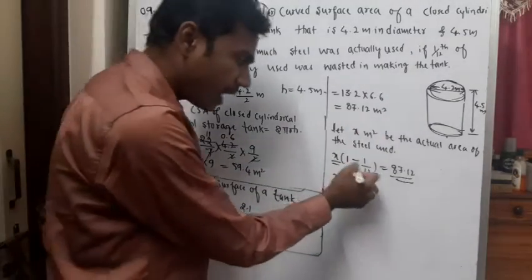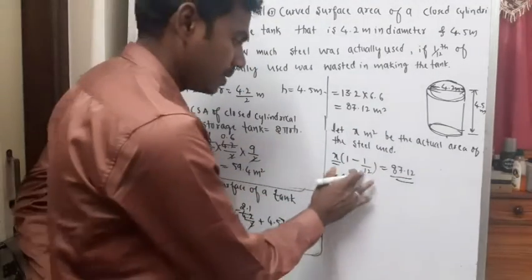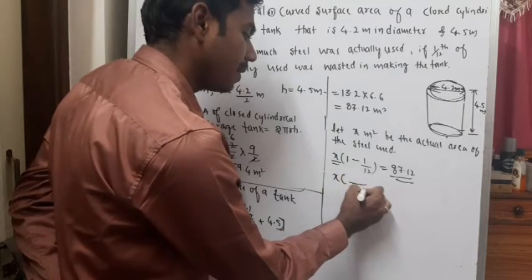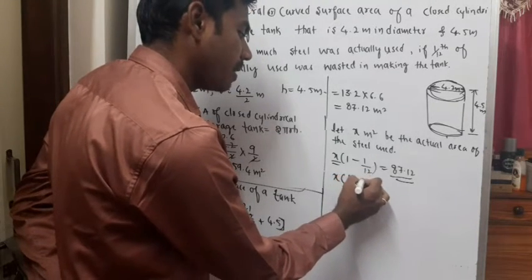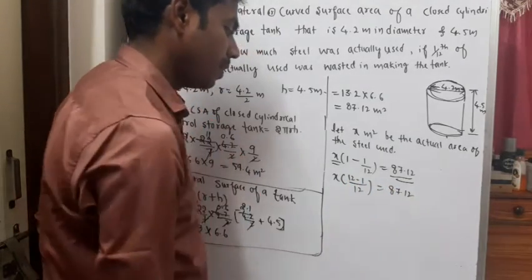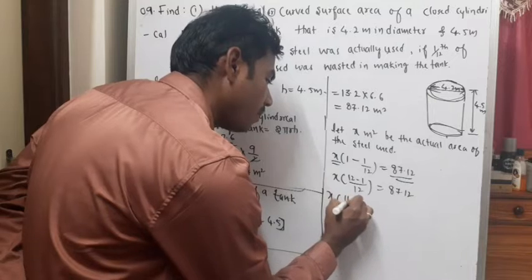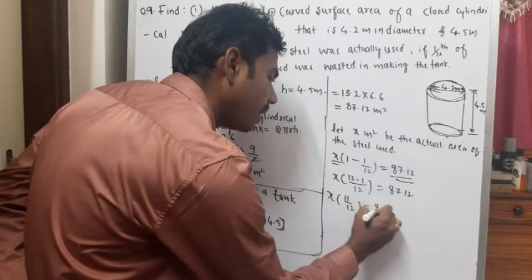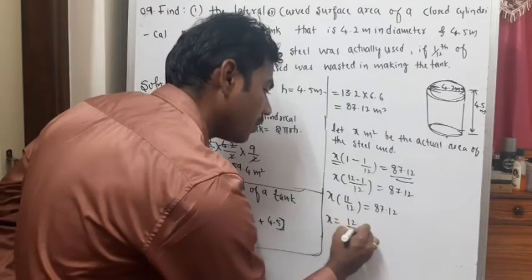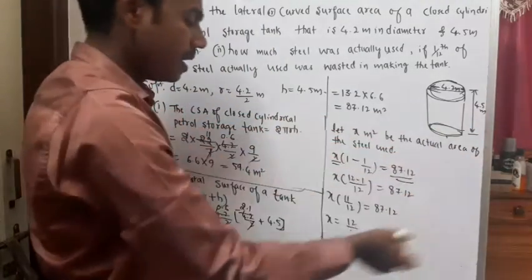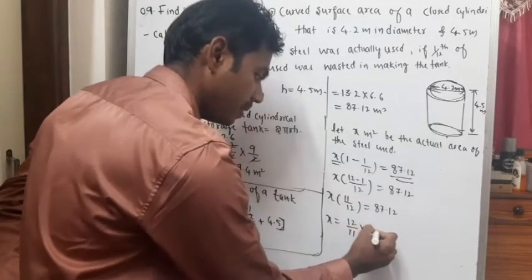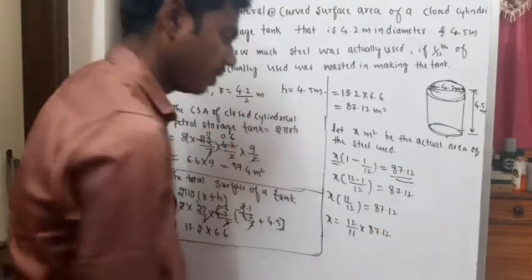So x into 12 is the LCM. 12 ones are 12, 12 minus 1 divided by 12. So x into 11/12 is 87.12. If you transfer it to the right hand side, you will get the reciprocal of it. So x is equal to 12 by 11 into 87.12.